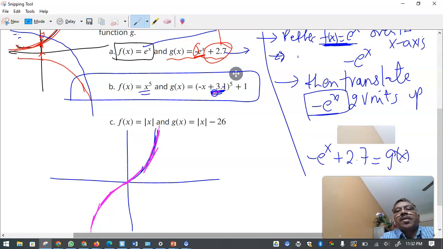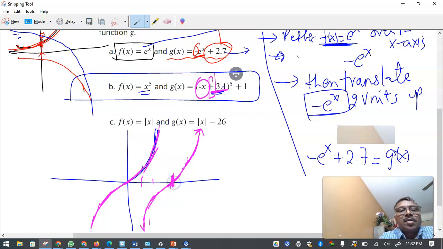Because there's a plus 3, you shift 1, 2 and 3. So first you translate 3 units to the right, and then there is a minus x. So what you do next is reflect this over the y-axis. So this will be 1, 2 and 3. I'll take this off in between the graph.